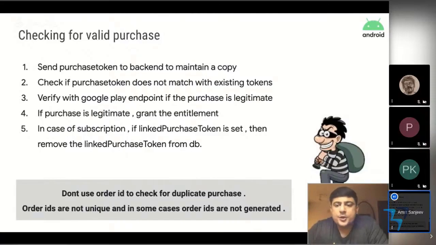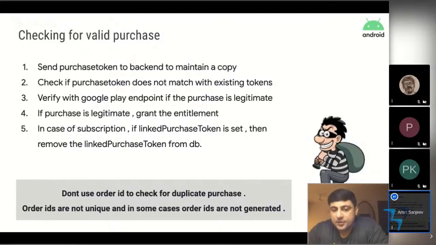You really need to send it to your backend and maintain a copy of it there. That way, the next time a payment token comes, you can check whether that payment token already exists in your backend. If it exists, that means this is a fraudulent transaction where somebody is sharing a payment token that is already used, and multiple users are trying to share something.